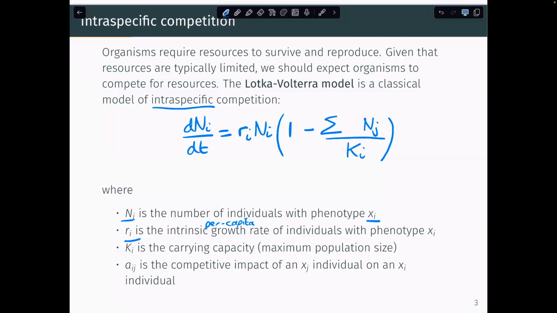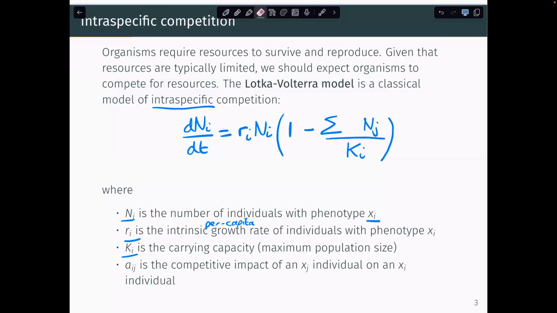We're going to divide by the carrying capacity of the population. There's something else that goes in here as well, which I'll explain in just a second, but this carrying capacity, Ki, is basically saying how many individuals of phenotype Xi, if the population was entirely composed of just that phenotype, could this environment support? Okay.